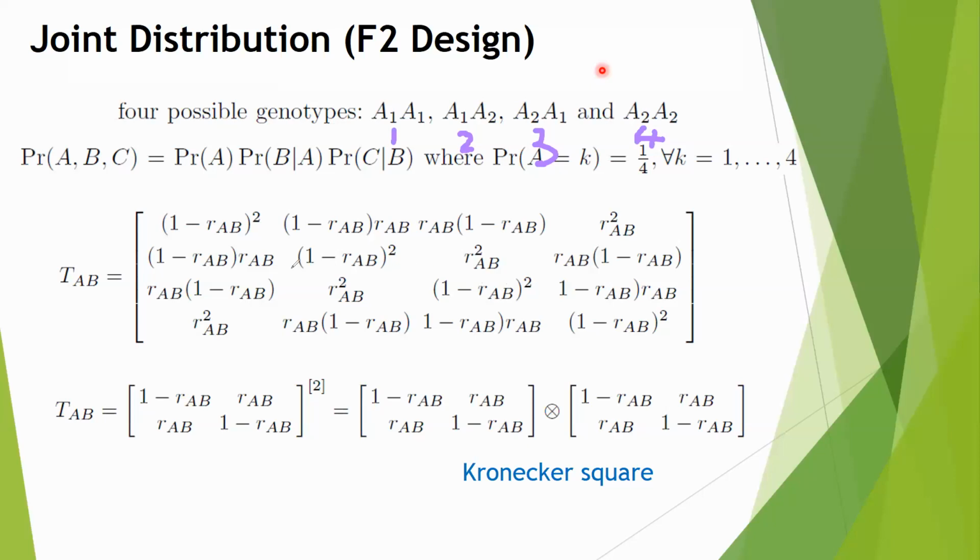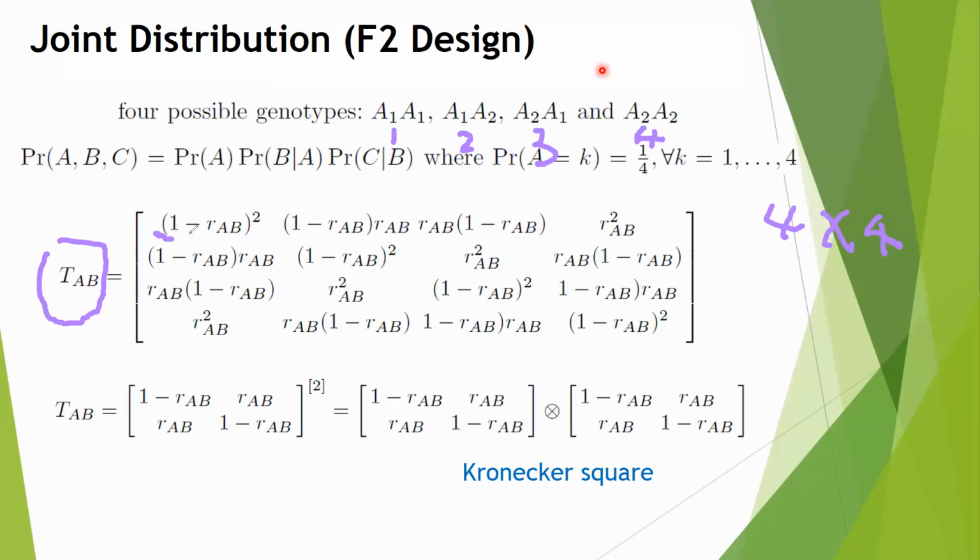And now for the transition matrix, if we want to find out the transition matrix between A and B, then instead of having a 2x2 matrix, which is for the backcross, for this F2 design we will have a 4x4 transition matrix.